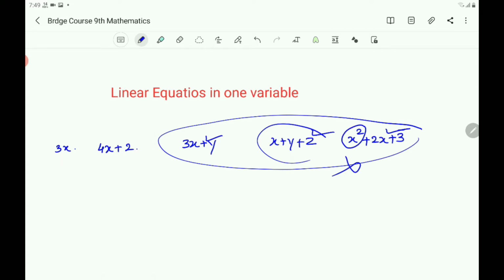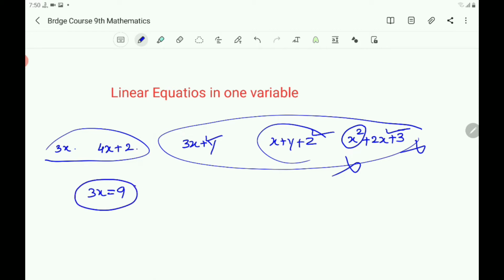So here these are not under the linear expression in one variable. Now you consider this 3x and 4x plus 2. If you put 3x equals some number or some constant, 3x equals 8 or 3x equals 9. Now you got the equal sign. Now it becomes linear equation.